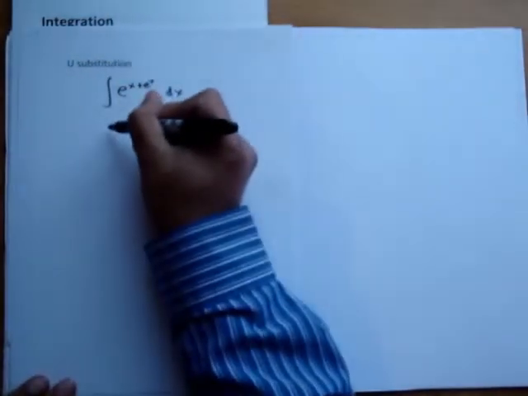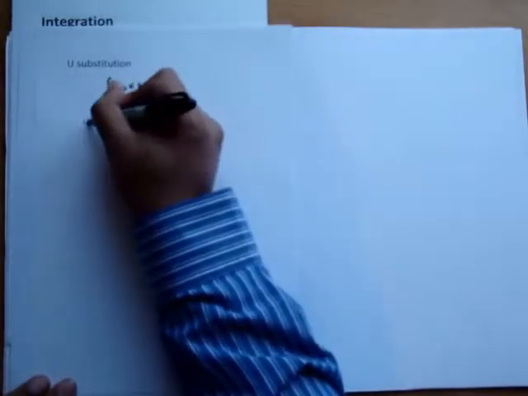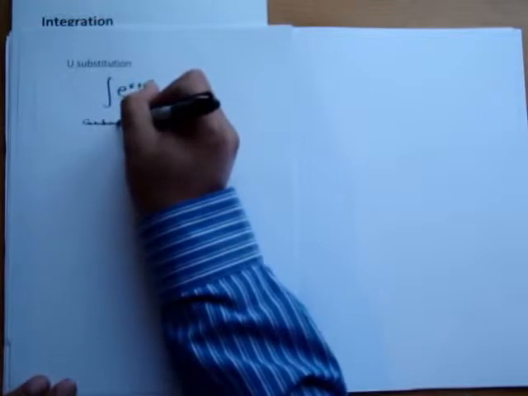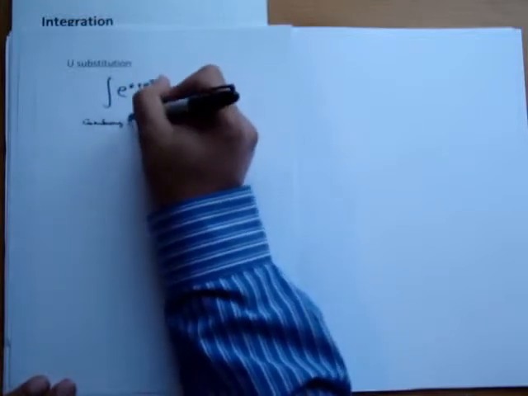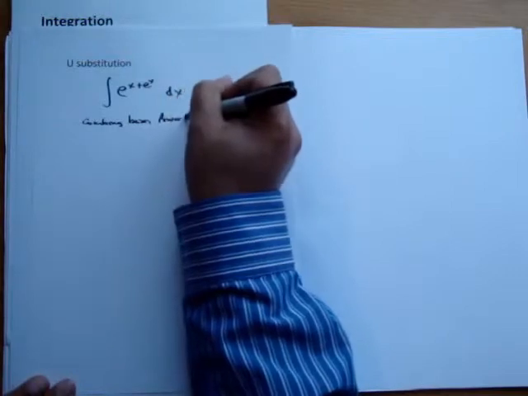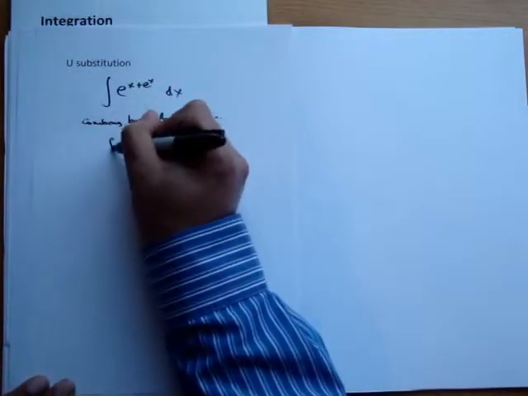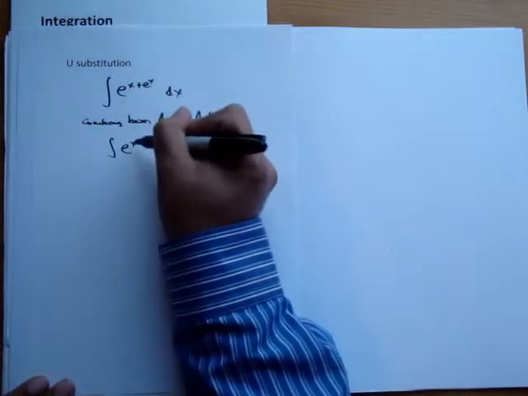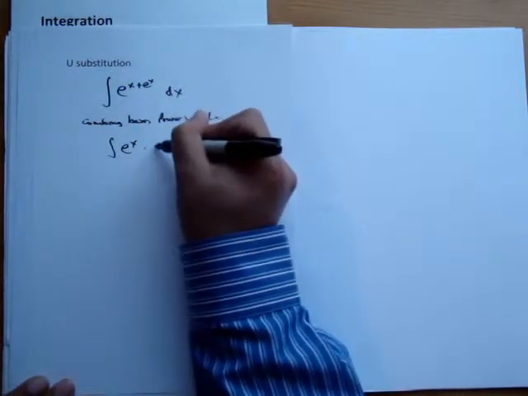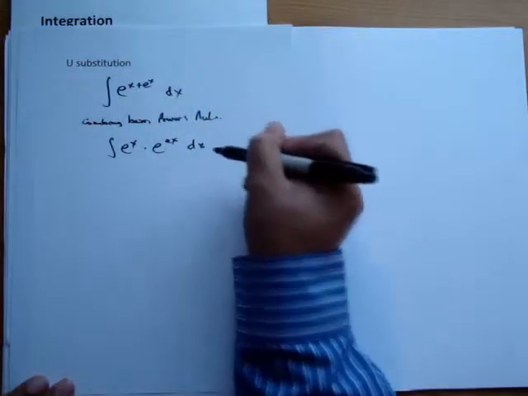Let's rewrite this using our combining bases powers rule. So this then becomes the integral of e to the x divided by e to the x dx.